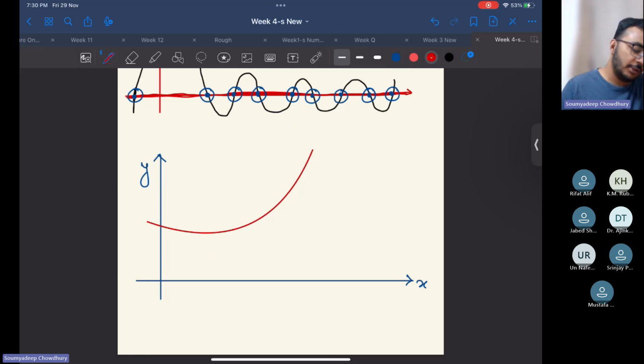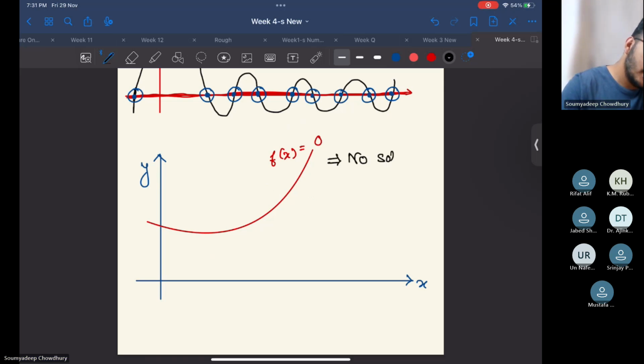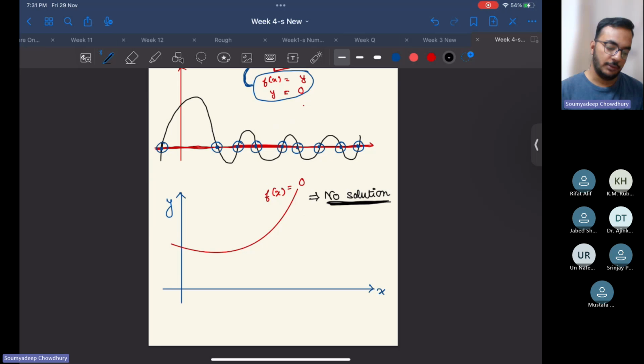So how to find the solution of this equation? Suppose this is f of x and it is asked f of x equals 0, you have to find out. So if it doesn't intersect with the x-axis at all, in such a case, we will say that this equation has no solution.